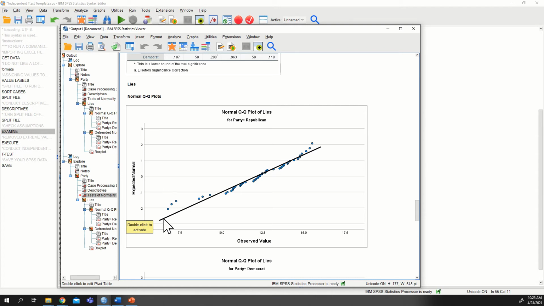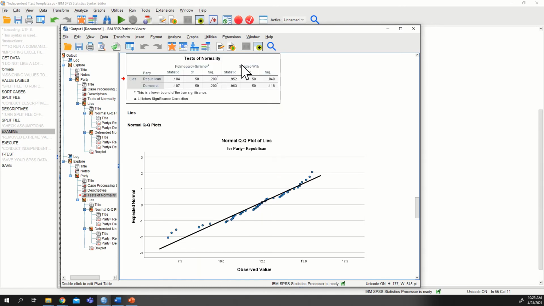These little observations here need to be distributed across this line, because that would represent our normal distribution. So you can use two pieces of information to judge whether your dependent variable is normally distributed.